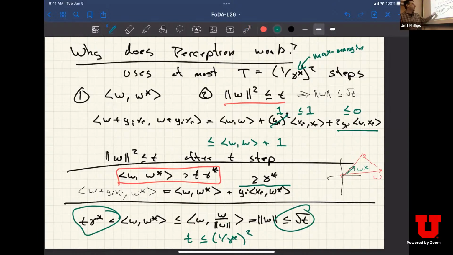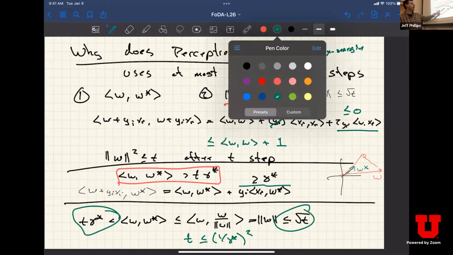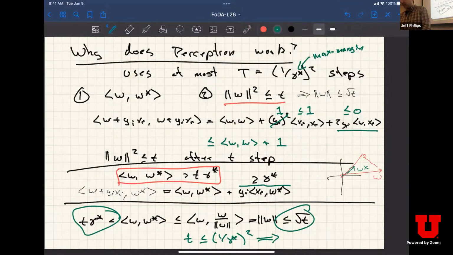I divided both sides by gamma star, divided both sides by square root T, and I squared the quantities, and I can reach this inequality. So if I took more than this many steps, I violate some underlying properties here. I get some contradiction, so it must terminate after 1 over gamma star squared steps.